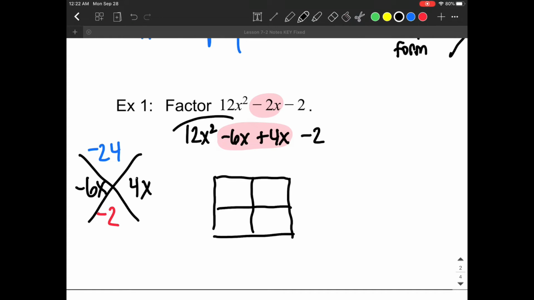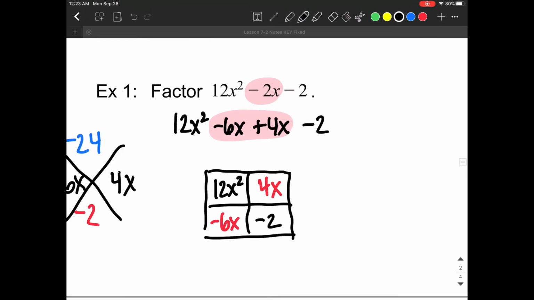We're going to put these terms inside of the box, and then we're going to find the side lengths. The side lengths are going to tell us our factored form. I know always the x squared term goes in the top left, so 12x squared goes in the top left. I know always the constant goes at the bottom right, so I put negative 2 at the bottom right. The 2 middle terms, it doesn't matter where you put them. I'm going to put negative 6x here, and I'm going to put 4x here.